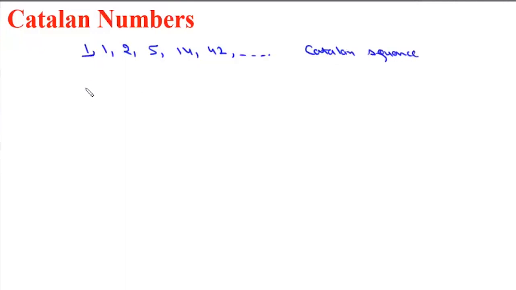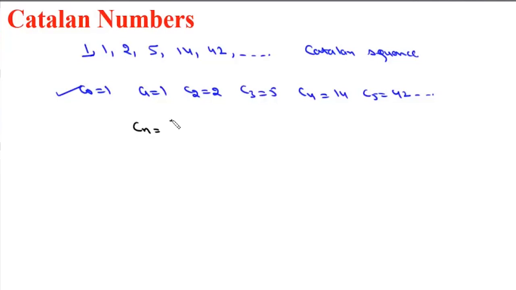And these numbers, C0 equals 1, C1 equals 1, C2 equals 2, C3 equals 5, C4 equals 14, C5 equals 42, are called Catalan numbers. The nth Catalan number Cn is expressed by 2nCn upon n plus 1.